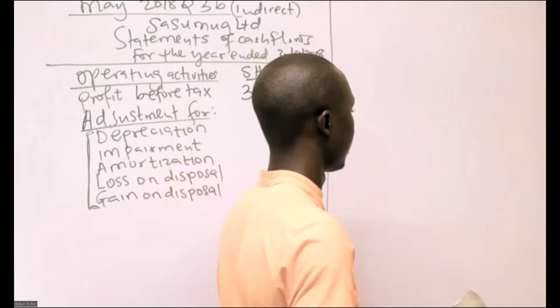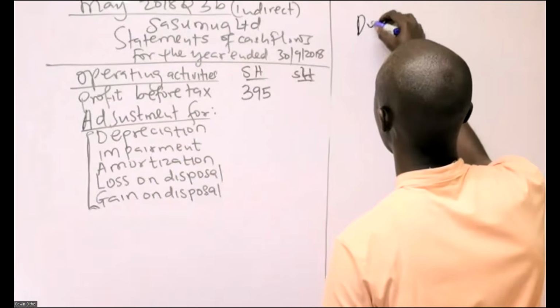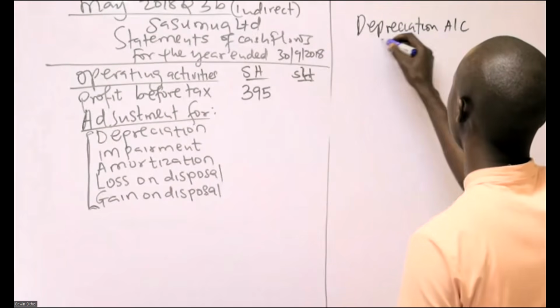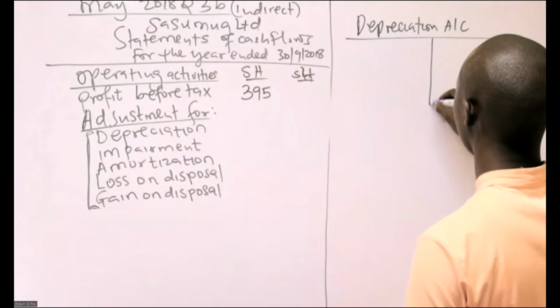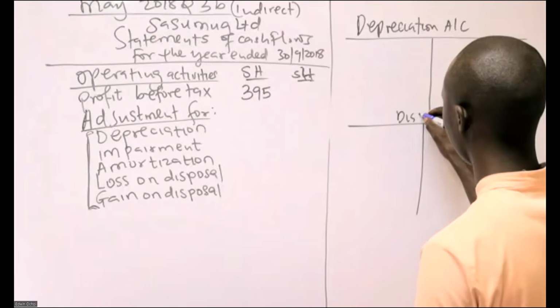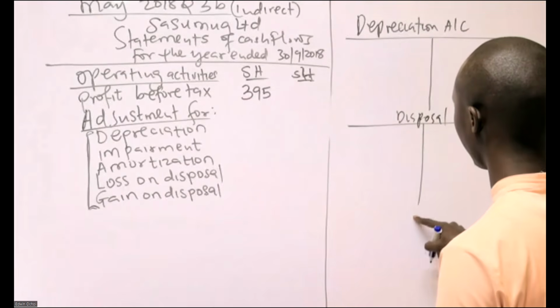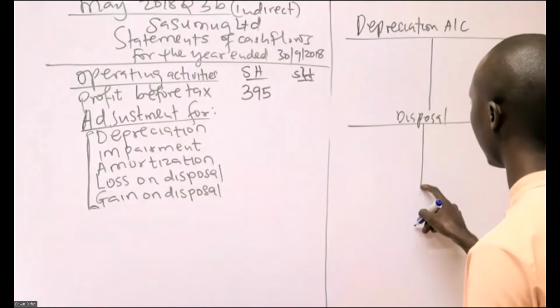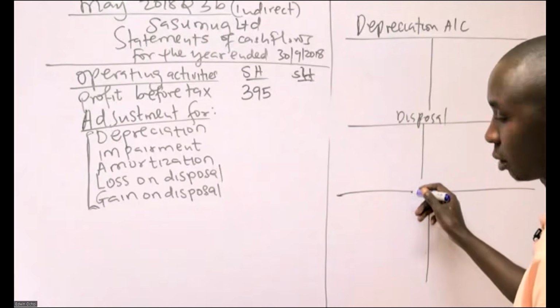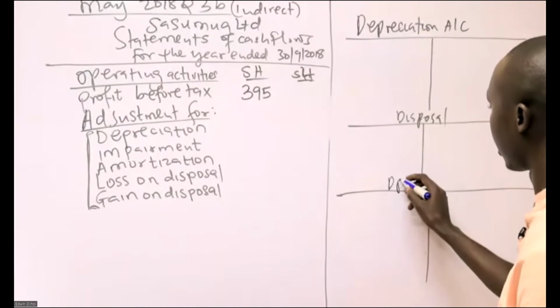So for me to do the depreciation account here, I can decide to do the disposal account, then the PPE account, I can do it at this point. So they go hand in hand, these 3.